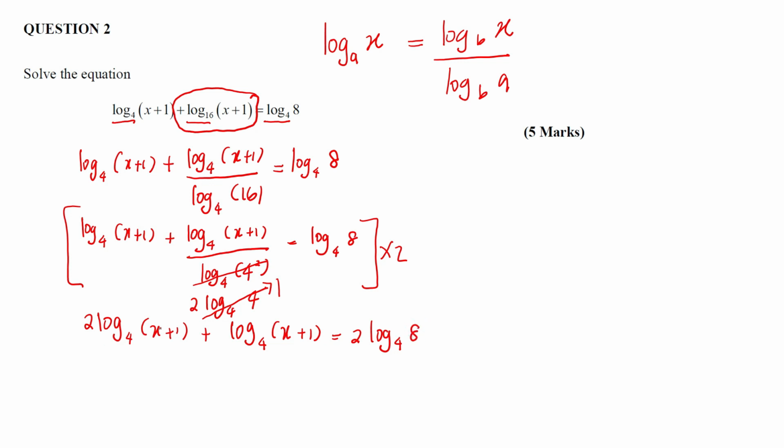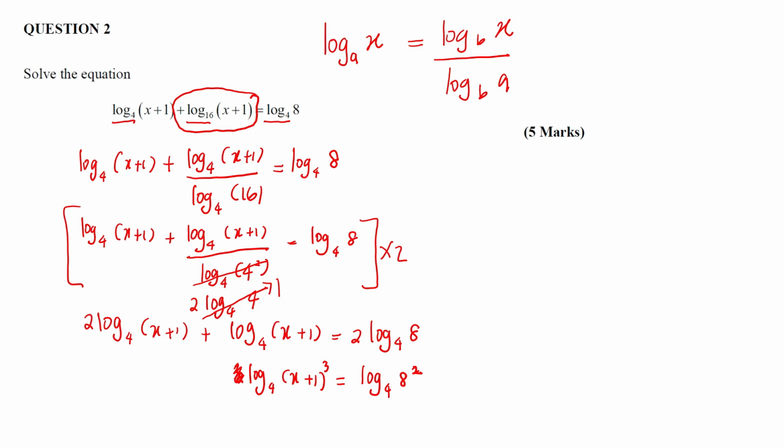So we can group them together. So we have 3 log 4 (x plus 1) equal to log 4 8 squared. Okay, so we can write down 3 in terms of power. So we can put over here: log 4 (x plus 1) cubed equal to log 4 8 squared.